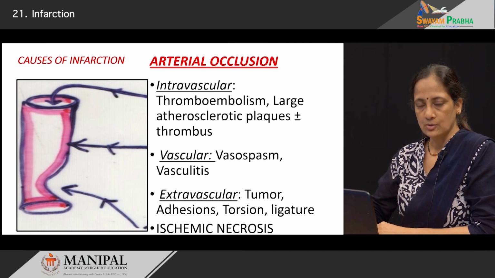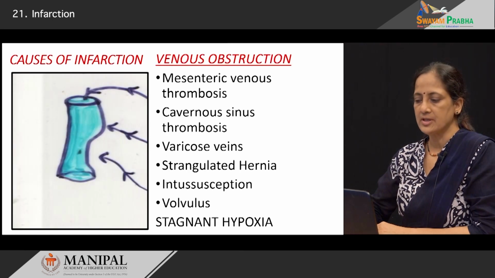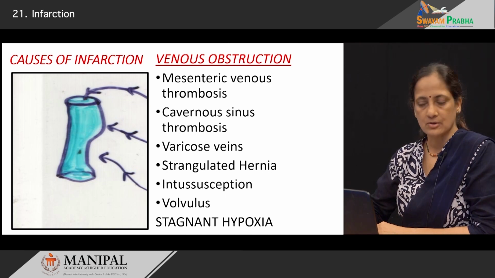Whenever arterial occlusion is the cause for infarction, ischemic necrosis is seen within the tissue. Venous causes similarly can be divided into the intraluminal causes like mesenteric venous thrombosis, deep vein thrombosis or cavernous sinus thrombosis.